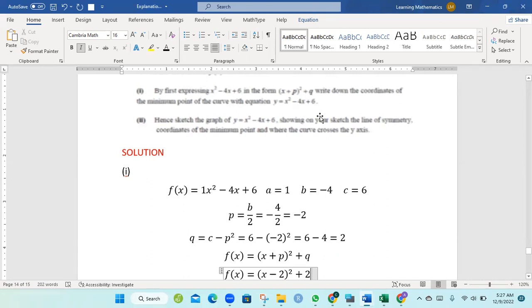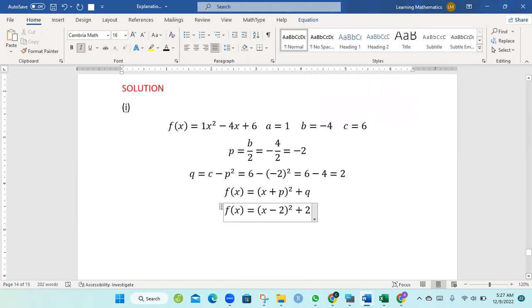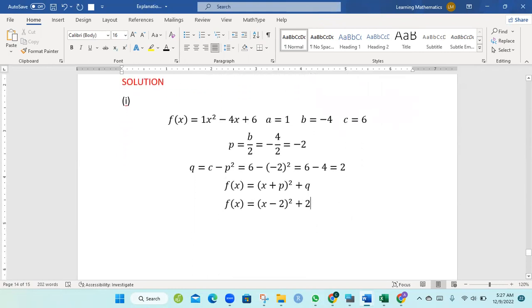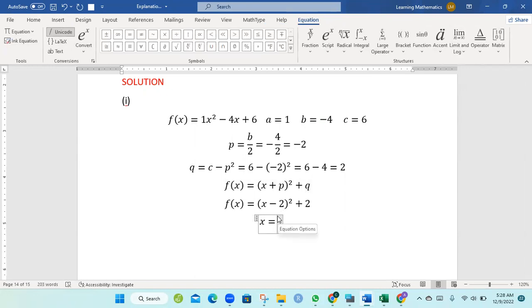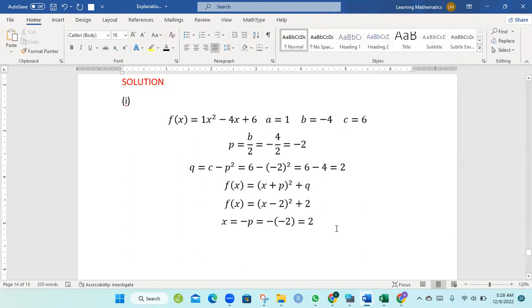And now we need to write down the coordinates of the minimum point. The coordinates of the minimum point are formed by x and y. The x coordinate of the minimum point is always equal to negative of p. p is equal to negative 2, so the x coordinate is negative of negative 2, which is equal to 2.